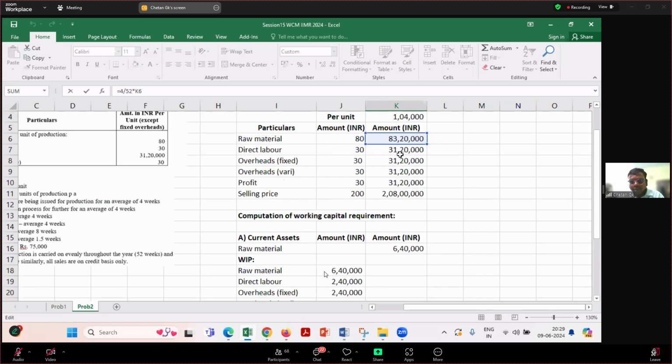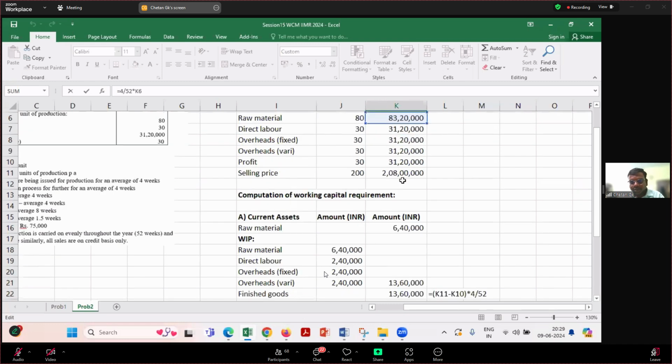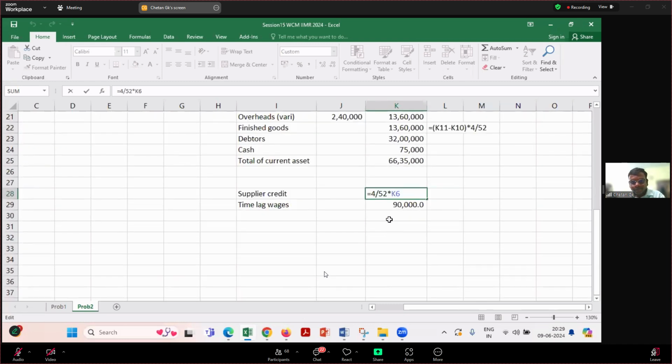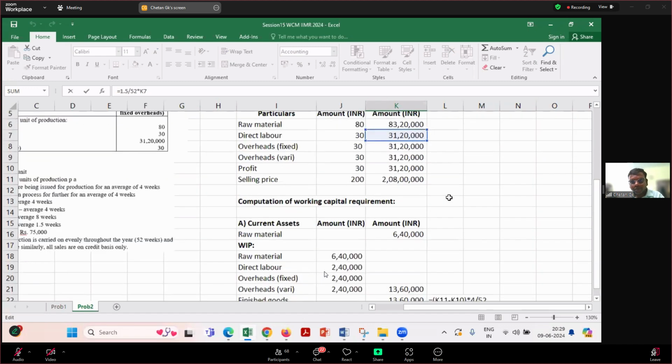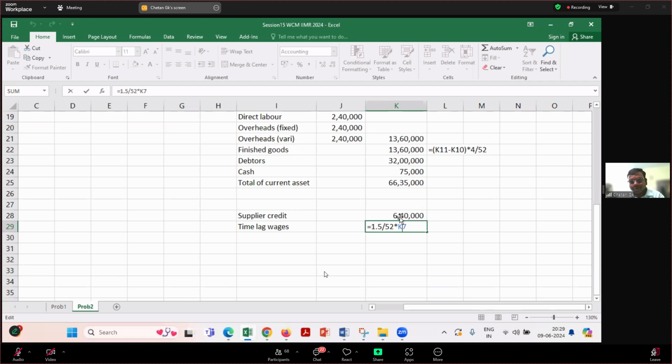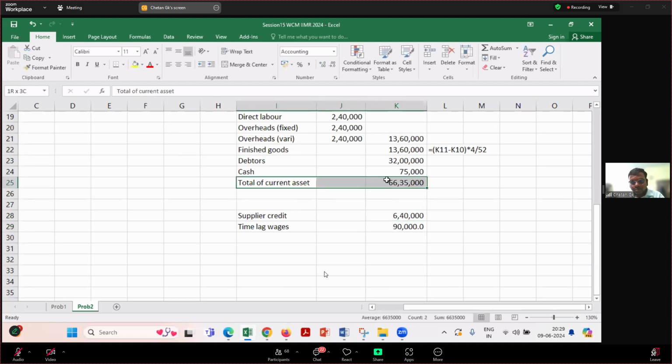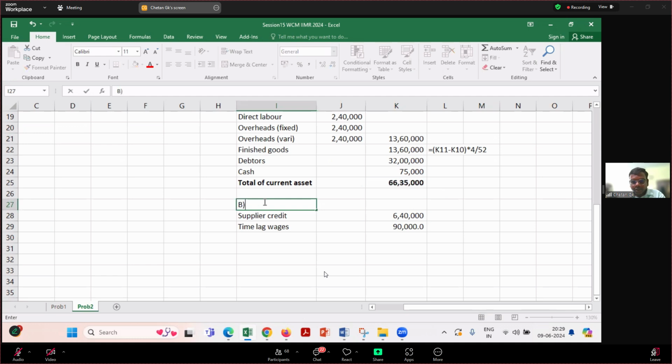Raw material, it is 83 lakhs 20,000. Time lag is 1.5 divided by 52 multiplied by K7. Labor it is. So next, this is B, current liabilities.